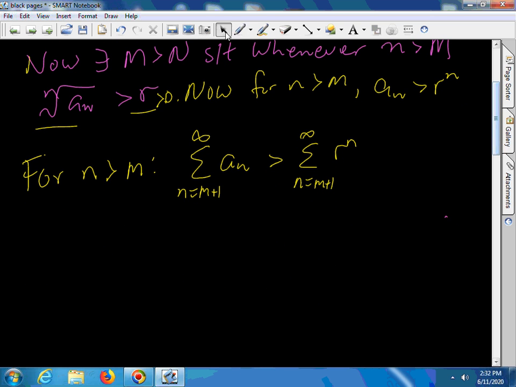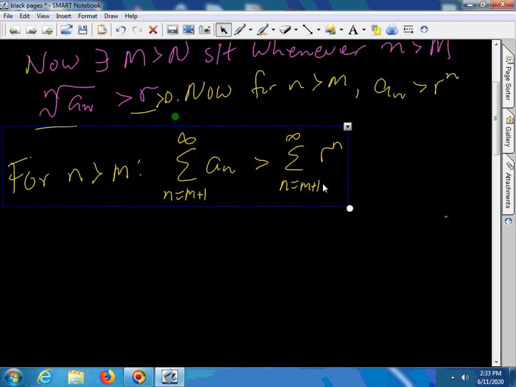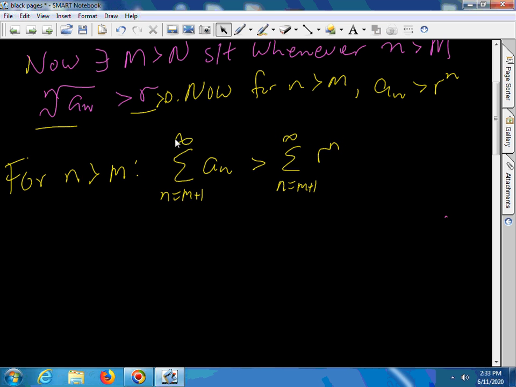And let us show that. Let me get a little bit more room going. Okay, now this is equal to the summation as n goes from 1 to infinity of r to n, which diverges.